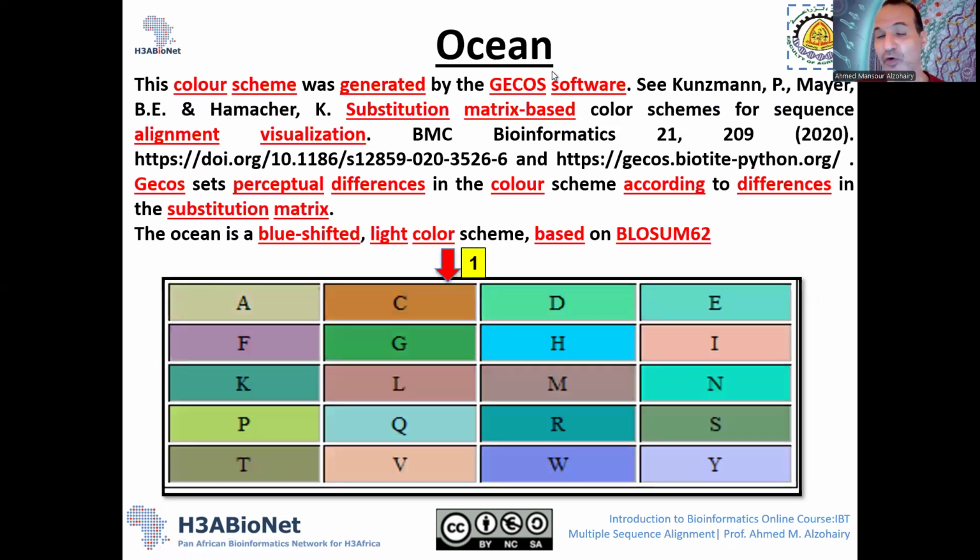Also, number four from that group is Ocean. The Ocean color scheme was also generated by JCOS software, with the same reference, in the same year. The Ocean is a blue-shifted light color scheme, also based on Blosum 62. So for these four of them, you can read about them at the reference mentioned in the slide.